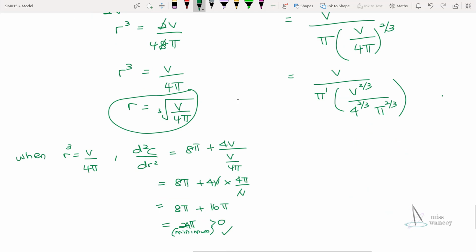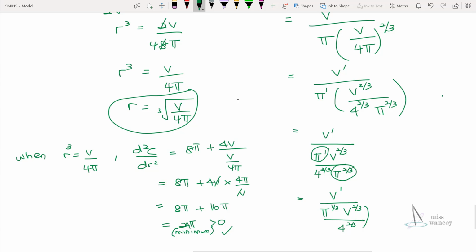Okay, so let me simplify a little bit. So this is V to the power of 1 over π to the power of 1, times V to the power of 2/3 over 4 to the power of 2/3 π to the power of 2/3. So π over π to the power of 2/3 will become π to the 1/3, and then V to the 2/3, and then over 4 to the 2/3.